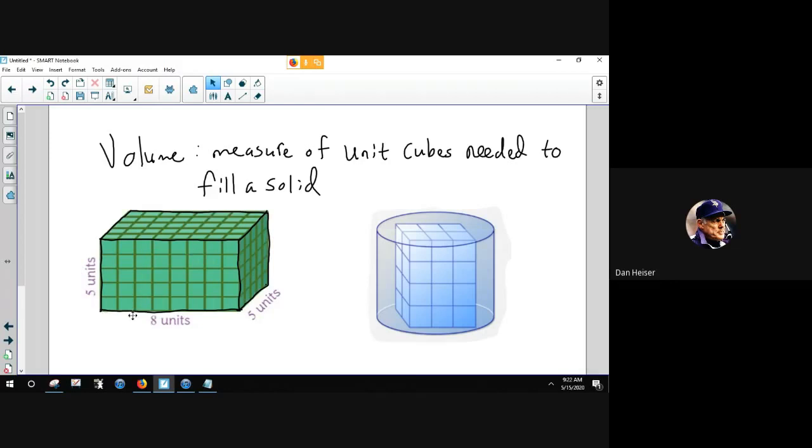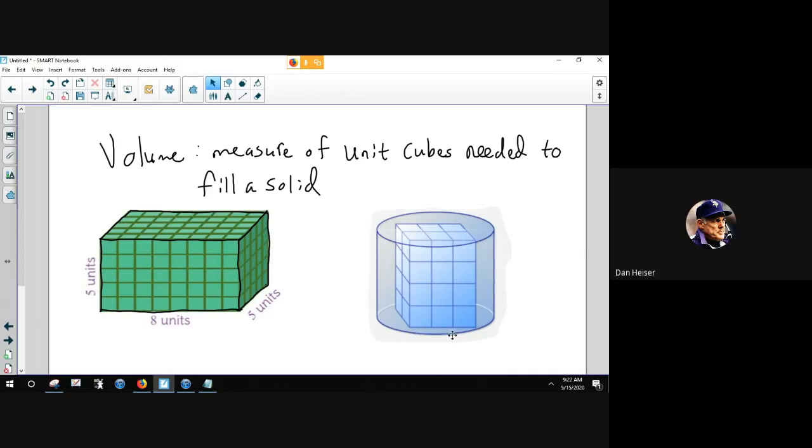We multiplied and found the area of this bottom level. And because all the levels are equal, we just multiplied by the number of levels we have. We took the area of a base. The base shape was this parallelogram or rectangle, and we multiplied it by the height of that solid. We would technically do the same thing here.